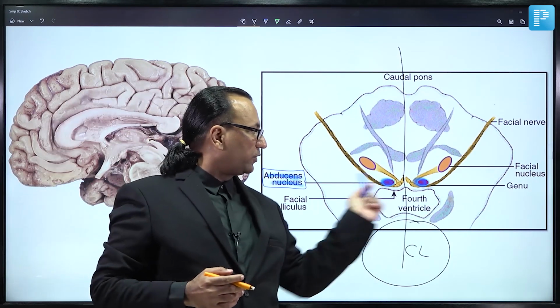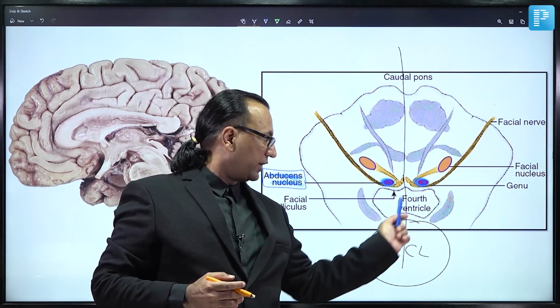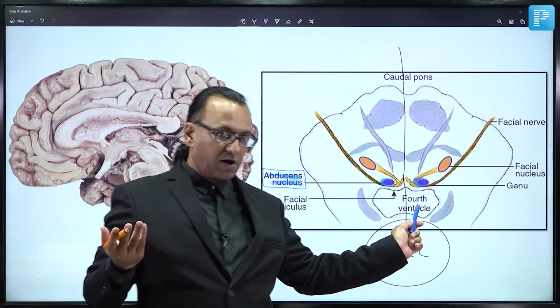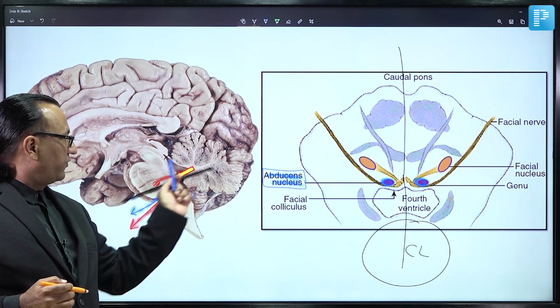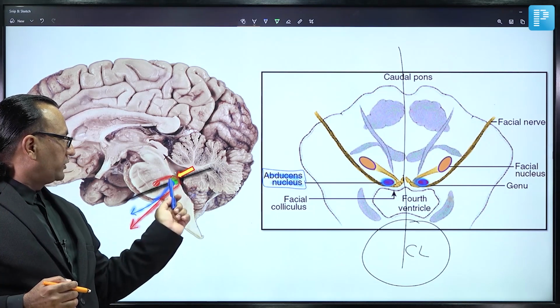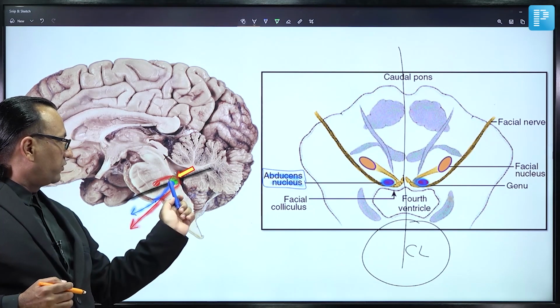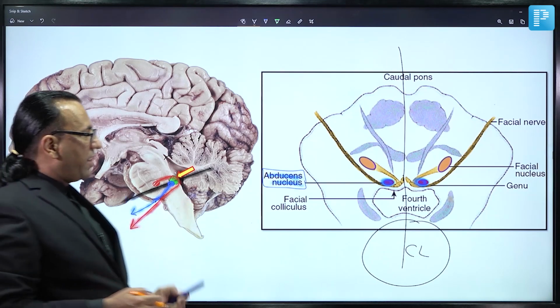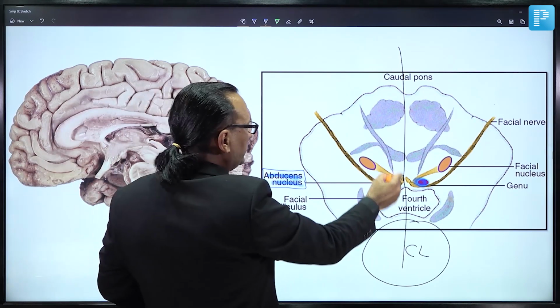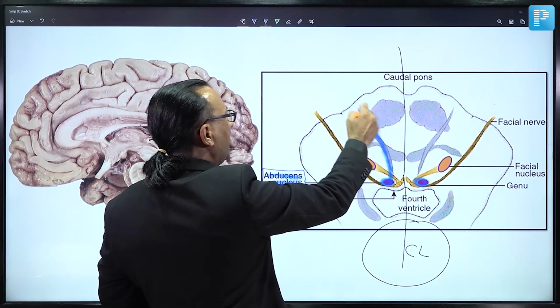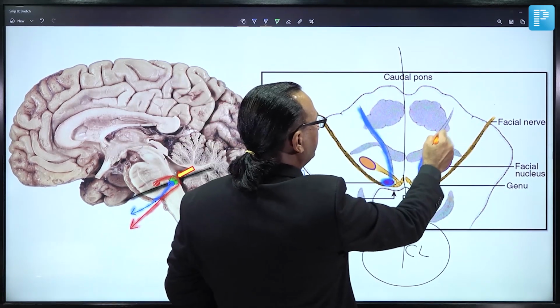So this is the lower pons and this is the fourth ventricle filled with the CSF. In a transverse section, this is the region of the fourth ventricle. Then what about the fibers of the abducent nerve going anteriorly? You can show them here, the abducent nucleus sending the fibers anteriorly, as evident on both sides.